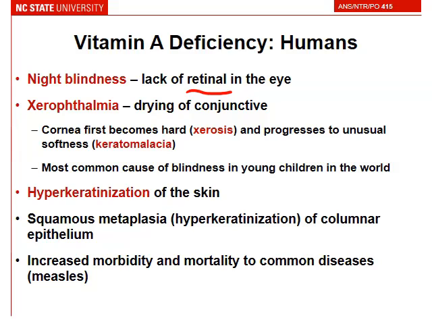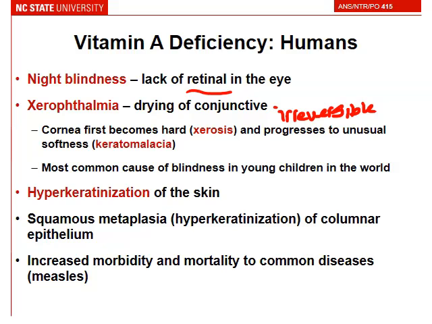This ends up being the most common cause of blindness in young children, and it is irreversible. So once an individual or a child gets xerophthalmia, they are blind for life. Unless you do an eye transplant, they are never going to have vision again.